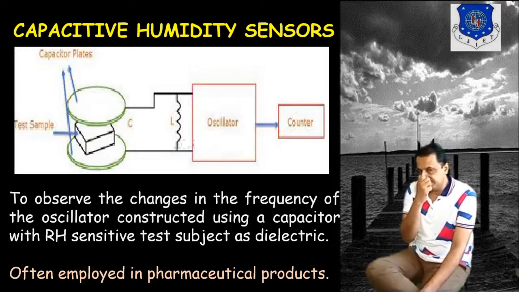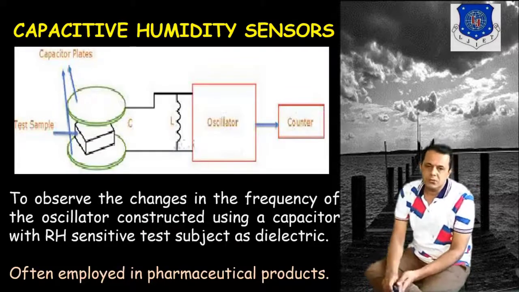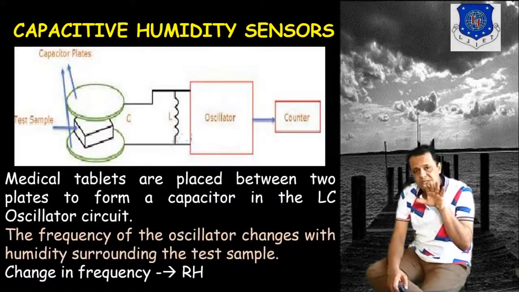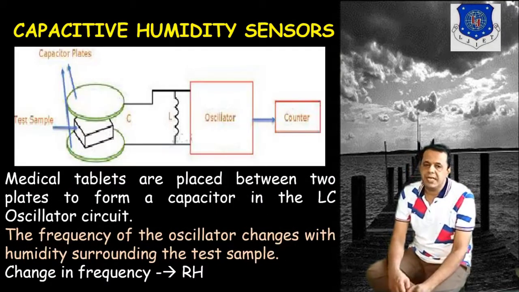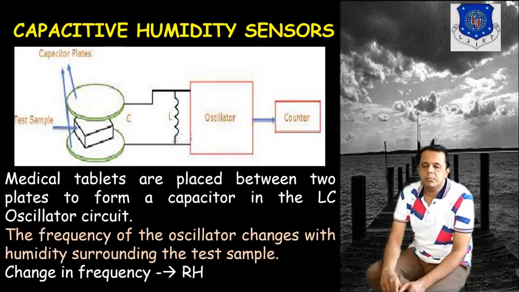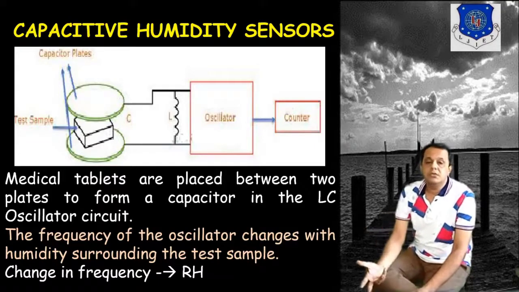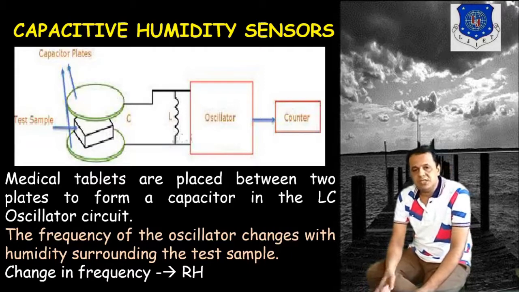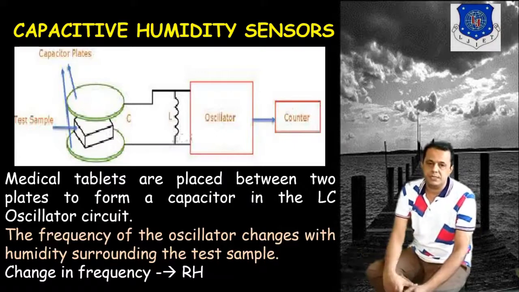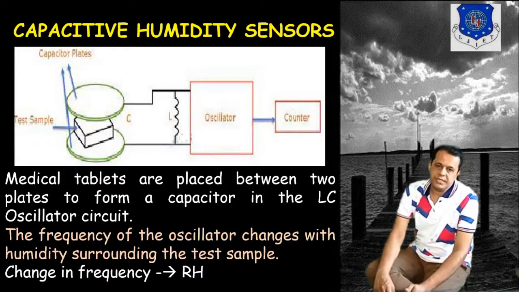Now for test samples, it is often used in pharmaceutical products where medical tablets are placed between the two plates of the capacitor. With the test sample, the LC oscillatory circuit will have a different frequency. This frequency is proportionate to the humidity present in the material, which is already calibrated in terms of RH. So the change in frequency will indicate the relative humidity.